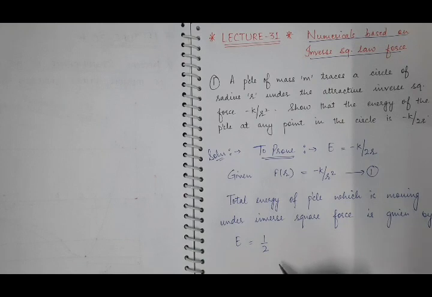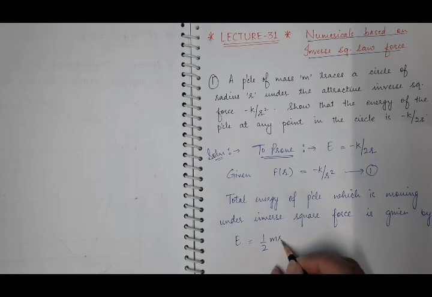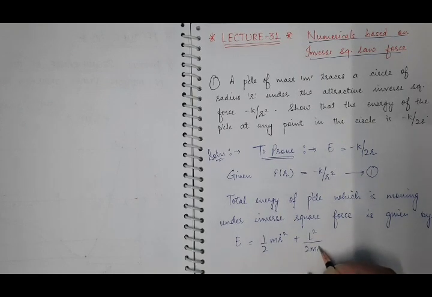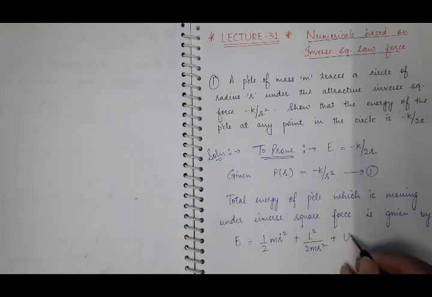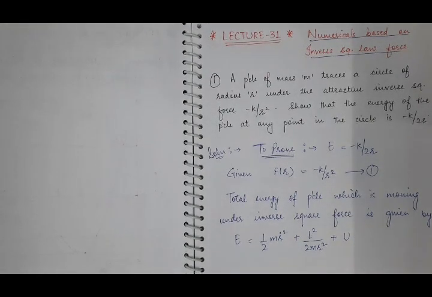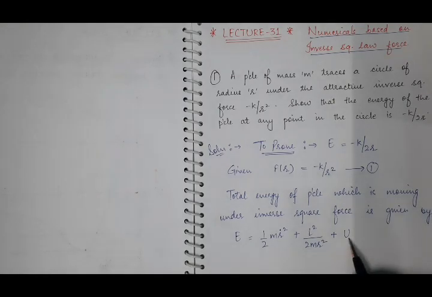Here mass of the particle is m, so it is half m r dot square plus centrifugal potential energy L square by 2 mu r square. Instead of mu we have m, plus gravitational potential energy, that is U. So now we have to calculate the value of gravitational potential energy U.